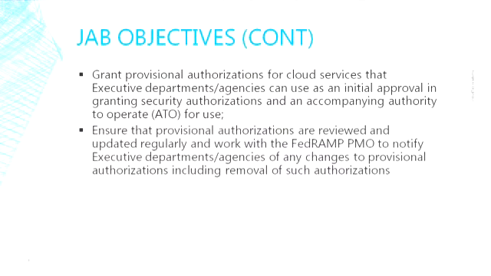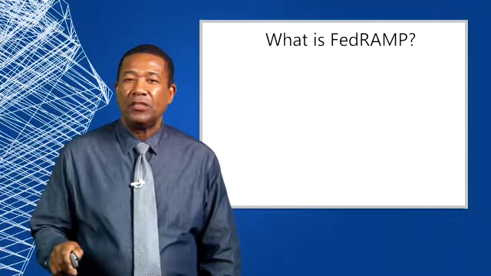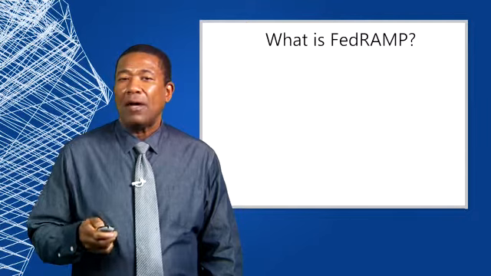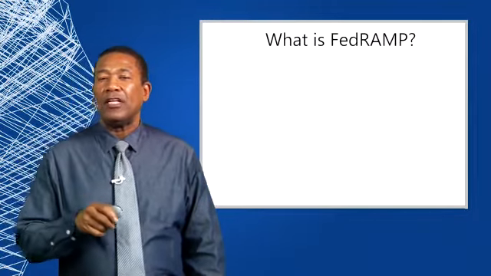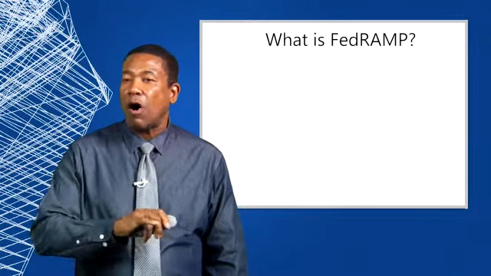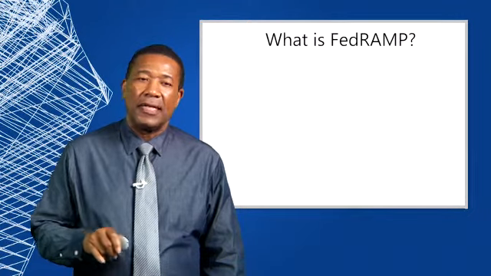They ensure that provisional authorizations are reviewed and updated regularly and work with the FedRAMP Program Management Office to notify departments and agencies of any changes. The JAB will also establish methods for input to the FedRAMP security authorization requirements from all executive departments and agencies.